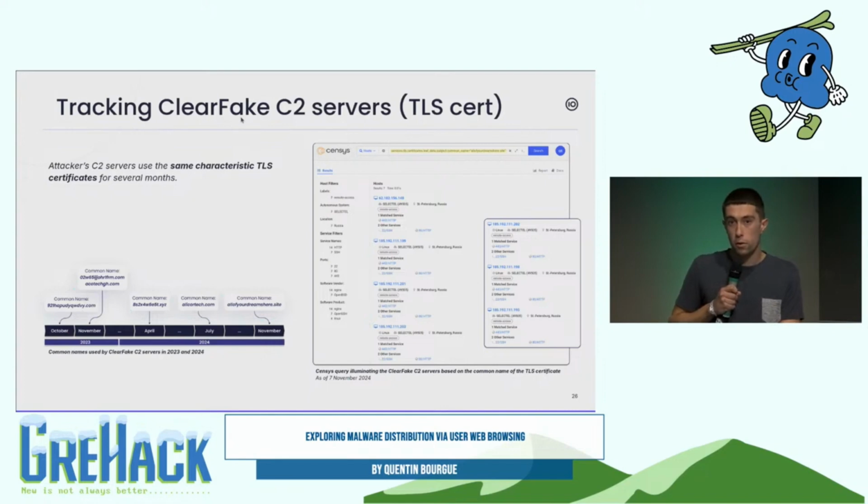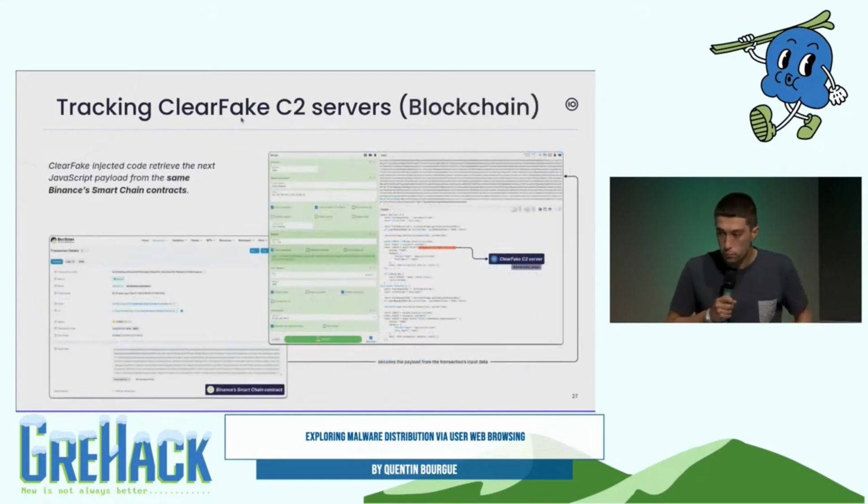We have also another methodology. As I explained, the GreHack framework will download JavaScript code from the Binance blockchain. So we can do the same. The attackers are using some wallets, and by monitoring the transactions from these wallets, we can get the input data from every transaction, deobfuscate the input data, and get the GreHack C2 domains.